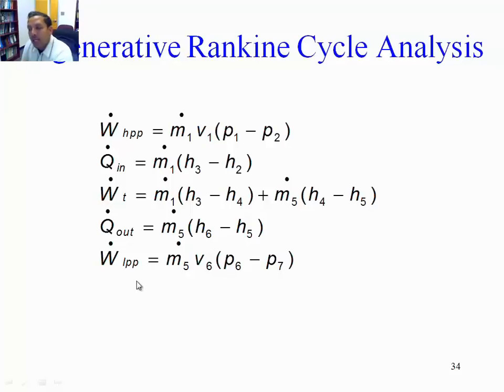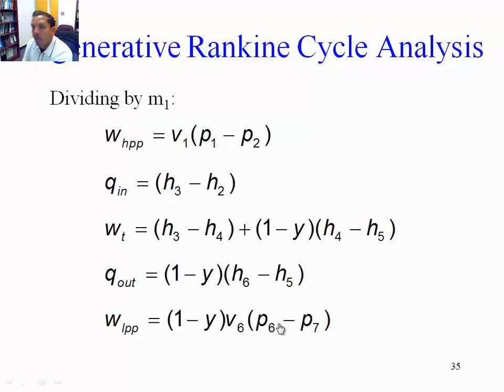And the work in the low pressure pump is M5, which is the mass flow rate at the final stage of the turbine, times the specific volume. It's liquid water, because what comes out of the condenser is perfectly liquid water, times P6 minus P7, the delta P in that pump.